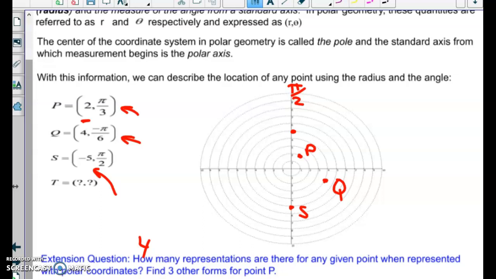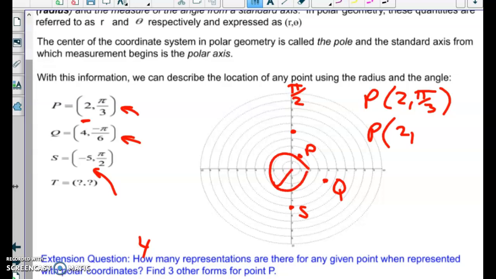So we already have P at 2, pi over 3. I also could name P at 2, but if I go out all the way around here and call it a negative angle, so all the way back around there, that would be negative 5 pi over 3. So giving it the negative angle.